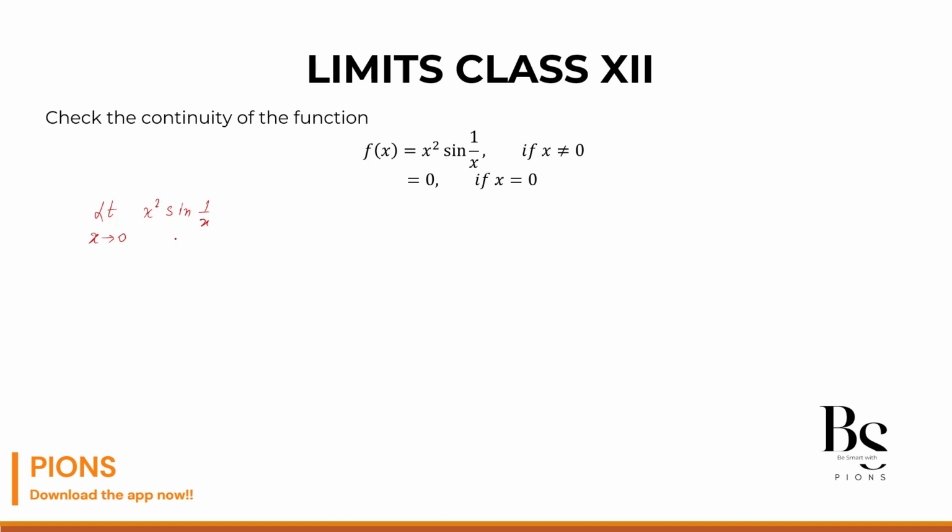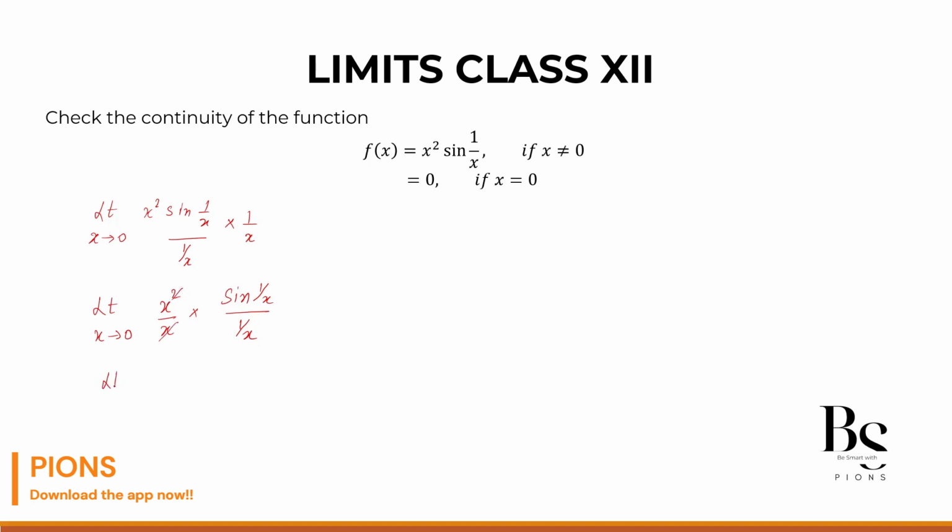So first what we will do, we will rationalize this term. So let's rationalize it, 1 by x into 1 by x. Now this will be rewritten as limit x tending to 0, x square upon x, which I am writing below, into sine 1 by x divided by 1 by x.